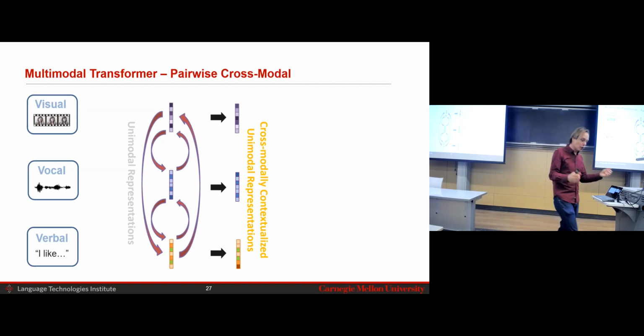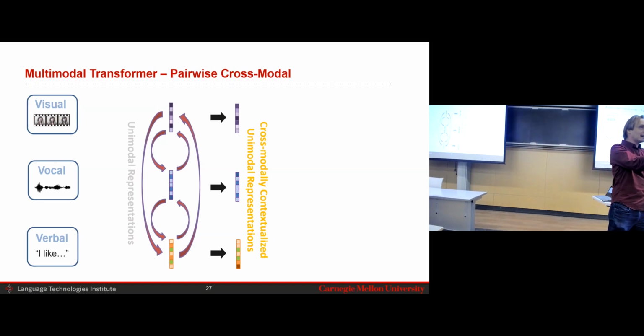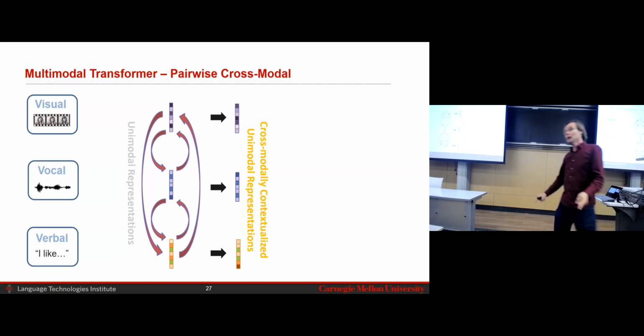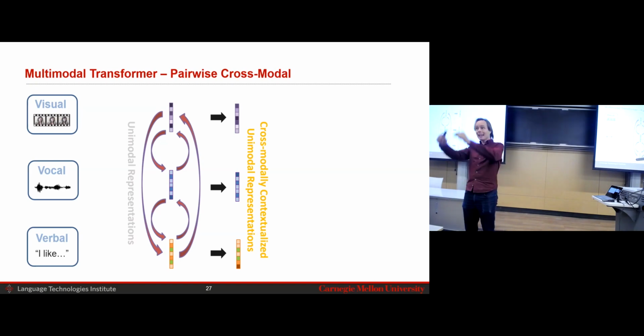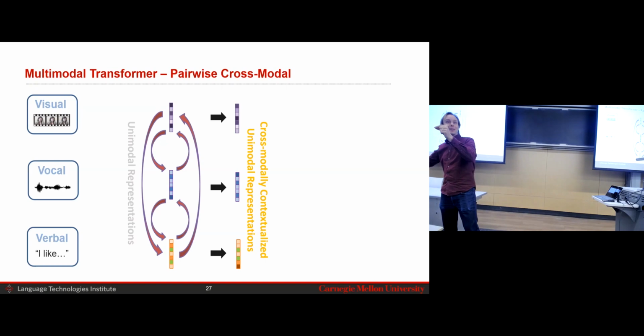The way you're going to encode text with the purpose of being contextualized with image is going to be different than the way you encode text with the purpose of being contextualized with audio.